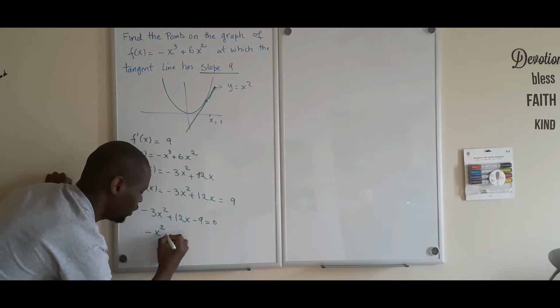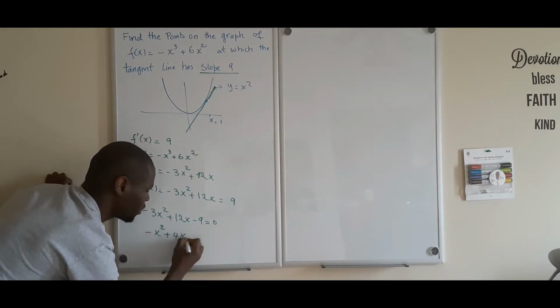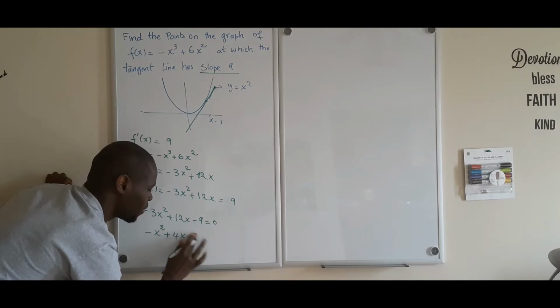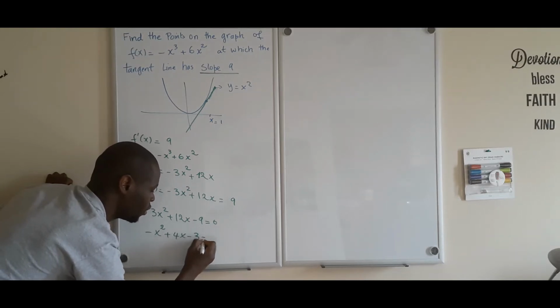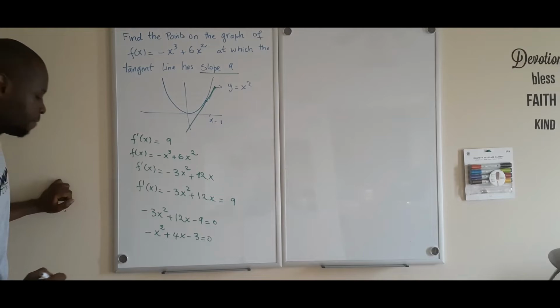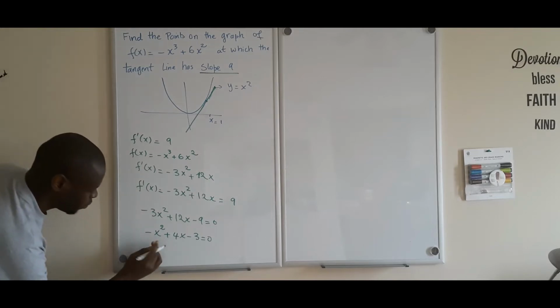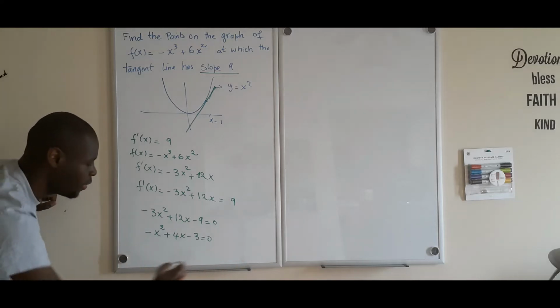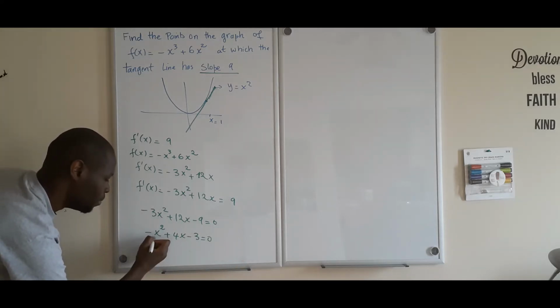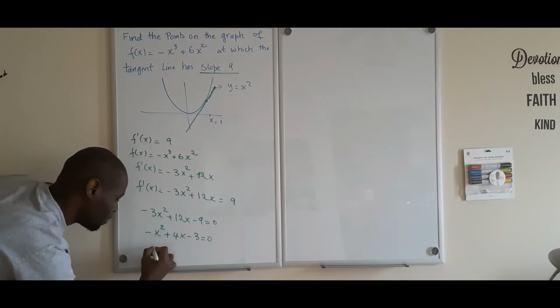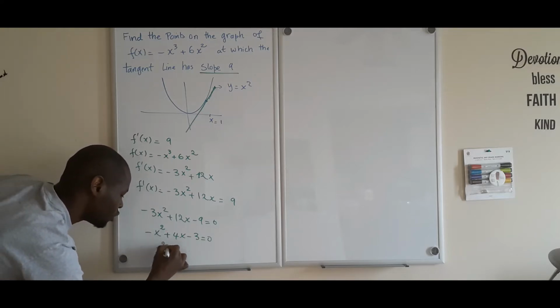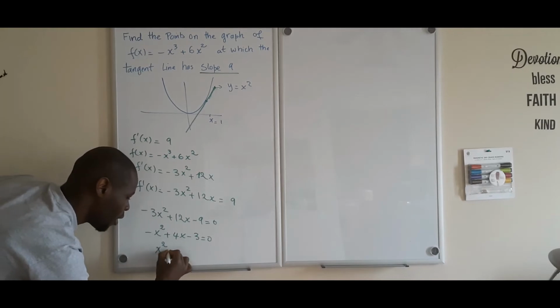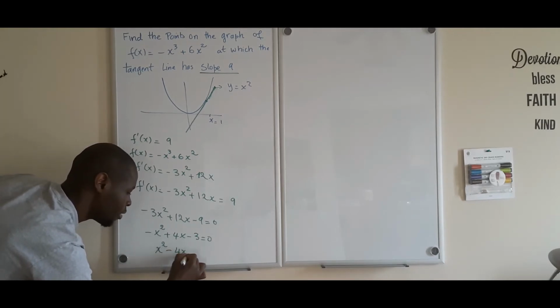So minus x squared plus 4x minus 3 equals 0. Okay. What else can I do? Since I have a negative here, I can multiply everything by minus 1. That way the x squared would be a positive term. So x squared minus 4x plus 3 equals 0.